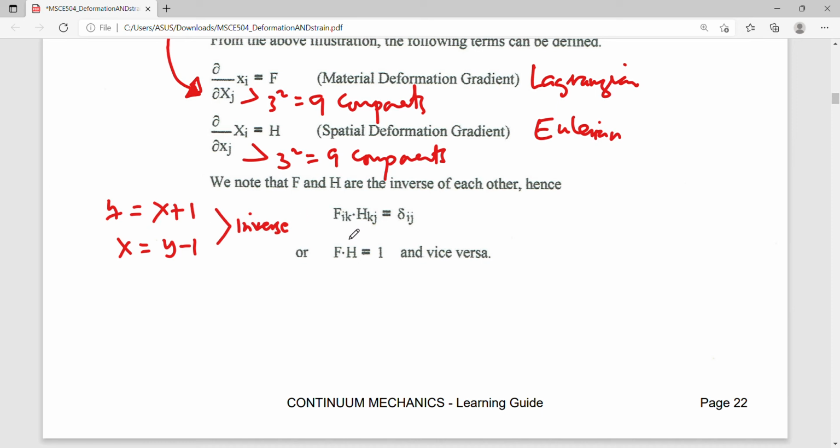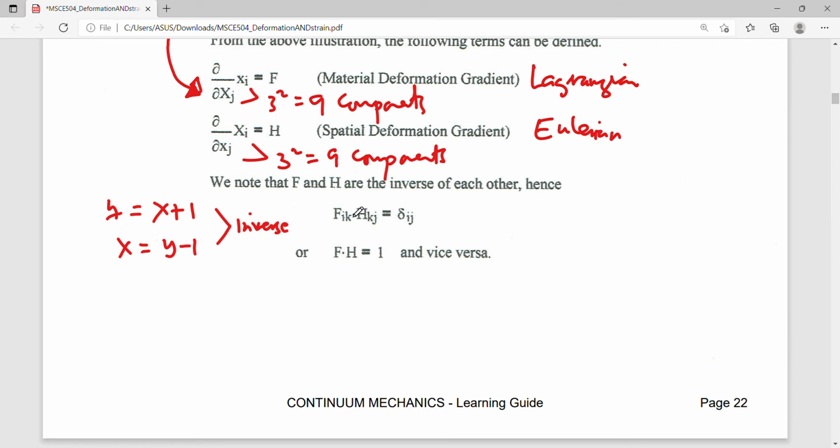In terms of index notation, we can say that fik dot hkj will now be equivalent to the Kronecker delta or the identity matrix, since these values here are the inverse of each other.